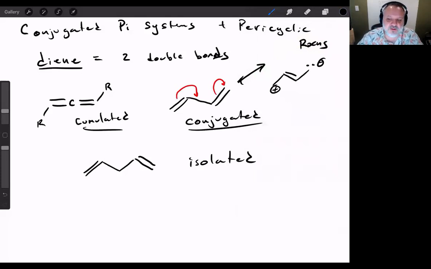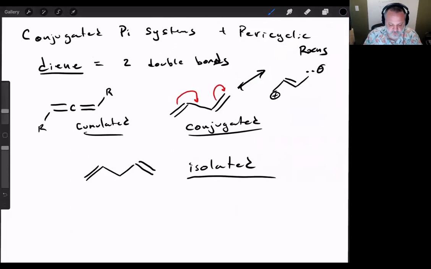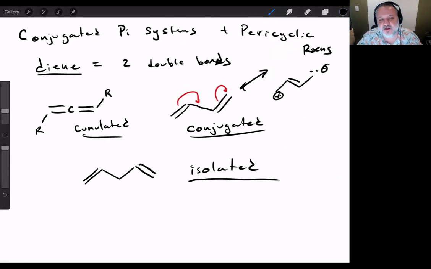In the cumulated and isolated situations, that resonance isn't there. Again, it's not an equivalent resonance structure, but it is a resonance structure that can be shown without violating any octet rules. And so this is what we mean by conjugated. This pi system allows some sort of resonance to take place.